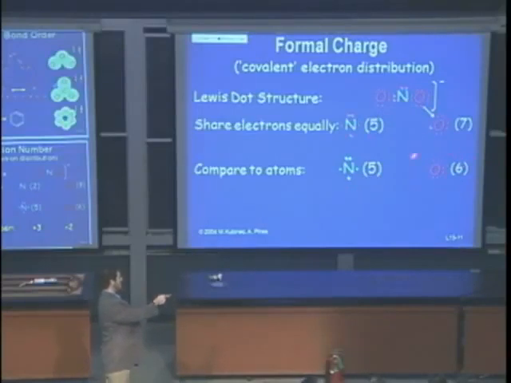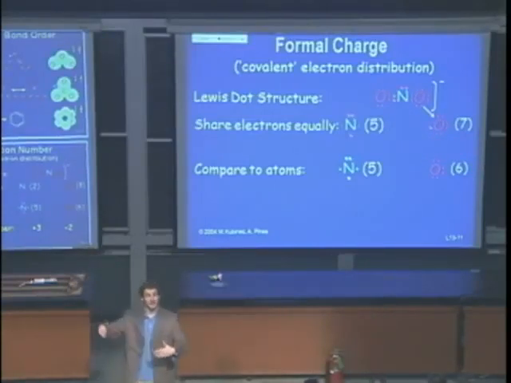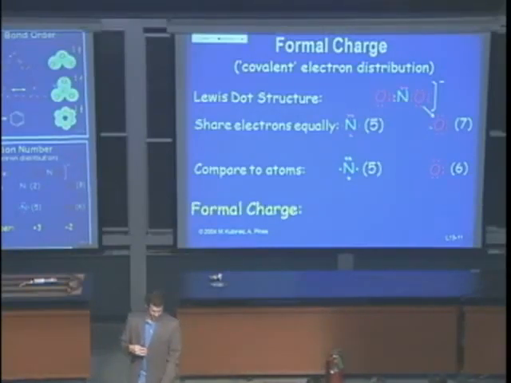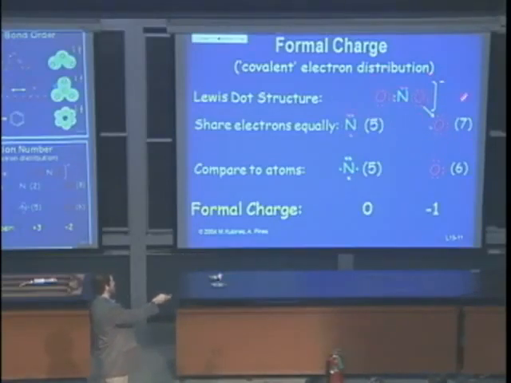On oxygen, it has 6 valence electrons, but in my Lewis structure, I've got 7 electrons around this oxygen, so I have 1 more electron on oxygen than I do valence electrons in a neutral oxygen, so its formal charge is going to be -1 because it's carrying an extra electron relative to its nuclear charge. So we compare the valence electrons it has versus the valence electrons it's been given. This has an additional electron once it forms this compound, which is why it's -1.